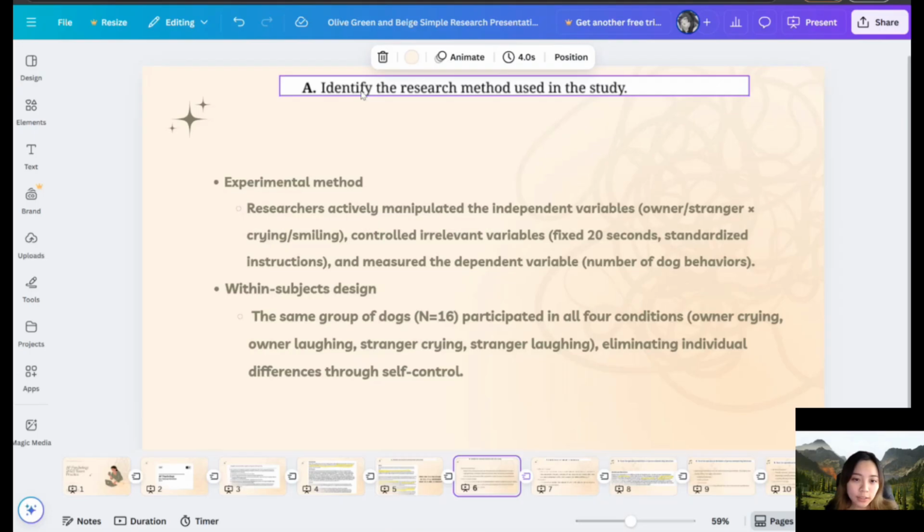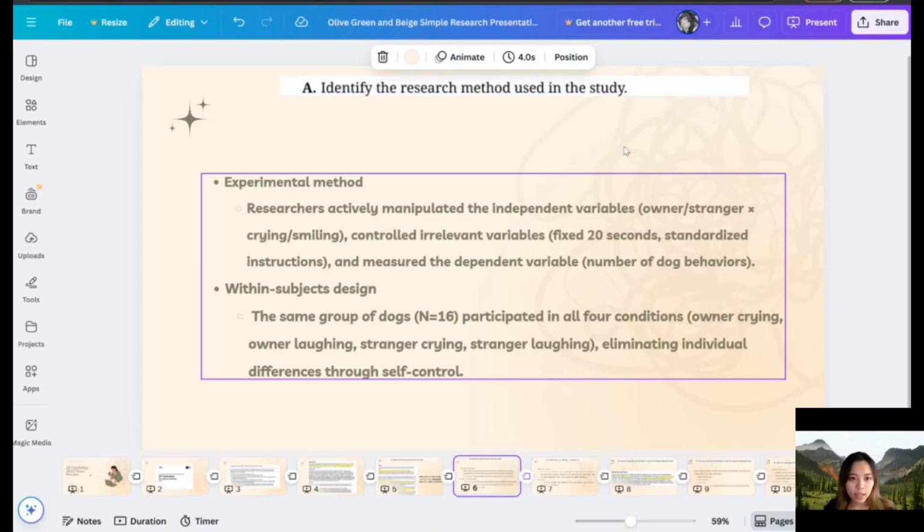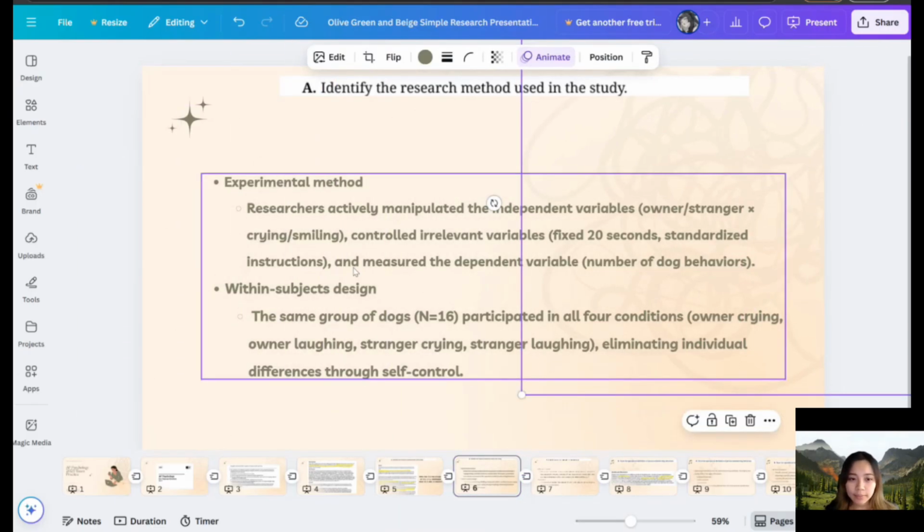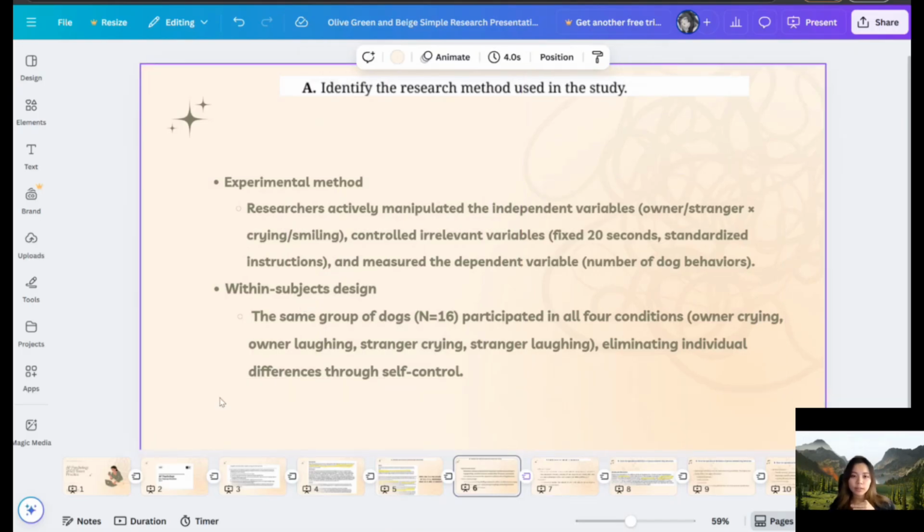So the researcher actively manipulated the independent variable, which is the owner or stranger, crying and laughing, and controlled irrelevant variables, which is the fixed 20-second standardized instruction, and measured the dependent variable, which is the number of dogs' behaviors. So if the research method includes an independent variable, a dependent variable, and something that never changes, which is the irrelevant variables, then this is probably the experimental method.